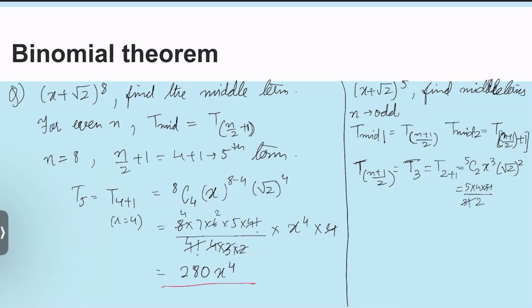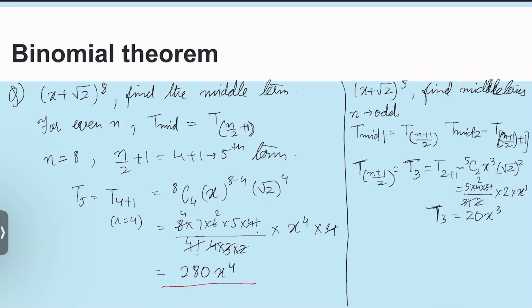So 3 factorial is cancelled. This will be multiplied by 2 into x cube. So this is going to give you 10 into 2, 20 x cube. So your T3, that is one of the middle terms, is going to be 20x cube.